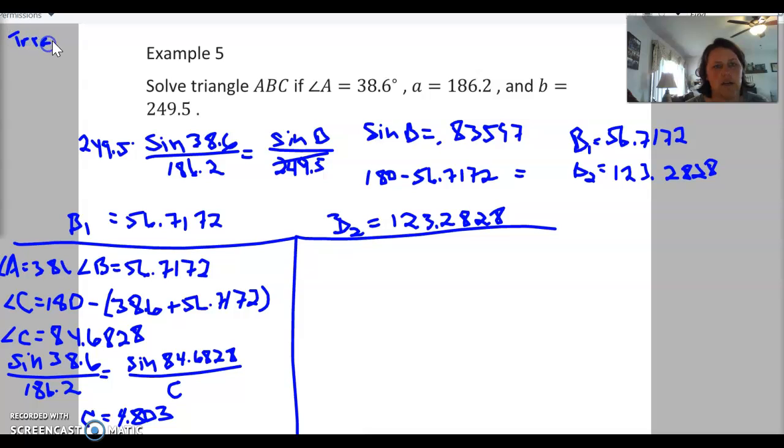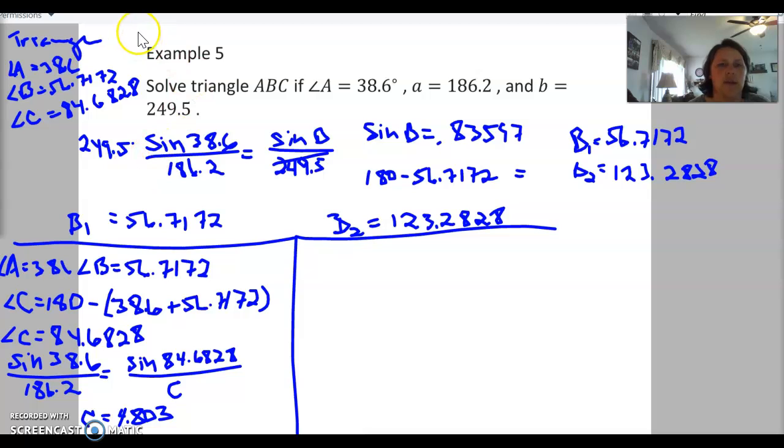So triangle number 1 has angles. So the measure of angle A is 38.6. Angle B is 56.7172. Angle C, 84.6828.